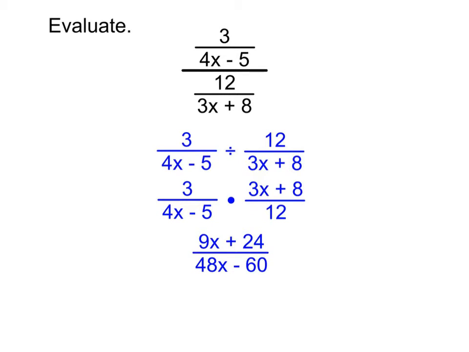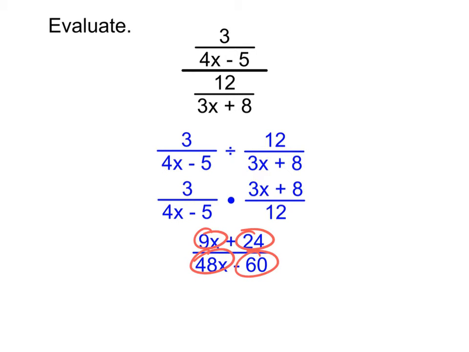When we do that, this is what we should be looking at. 9x plus 24 over 48x minus 60. It's just that this one, it's not quite done, because it can reduce. What can I divide all 4 terms by? 3.